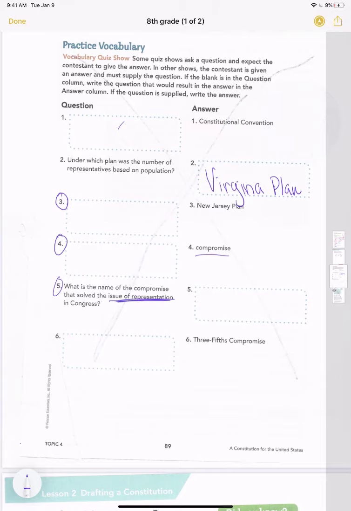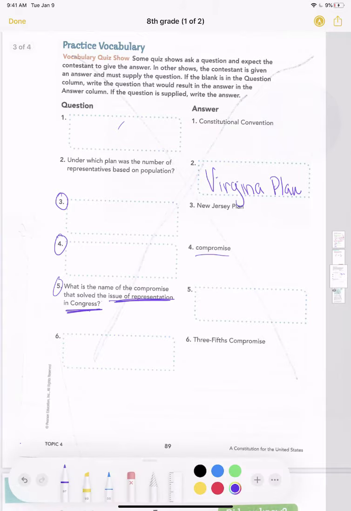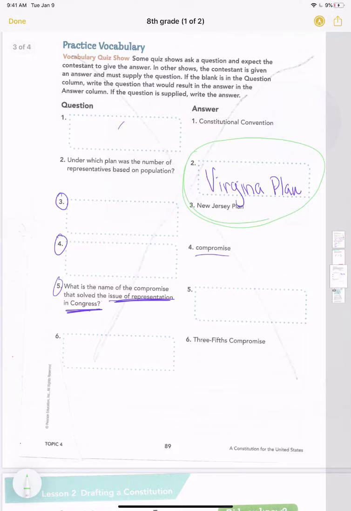of representation in Congress? So remember those 2 plans, the Virginia plan, I'm going to switch colors, right? The Virginia plan right here, and the New Jersey plan right here.